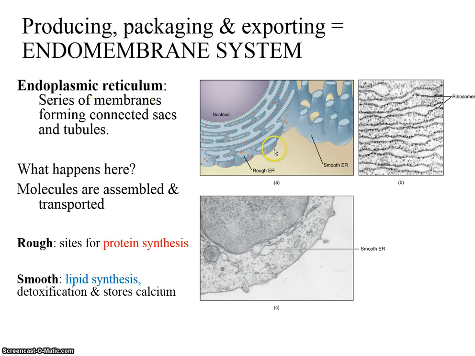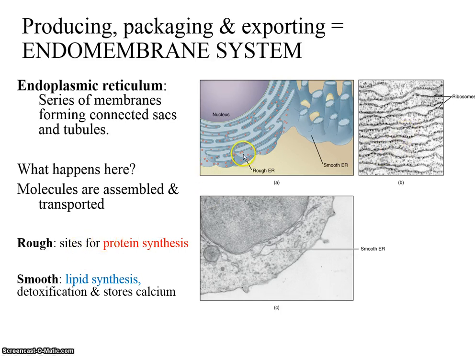Now, if those ribosomes are associated like they are in this cartoon, then we call it rough endoplasmic reticulum. Ribosomes excel at forming the primary structure of proteins; they have the machinery to put the amino acids together in the right order. So these are sites for protein synthesis.